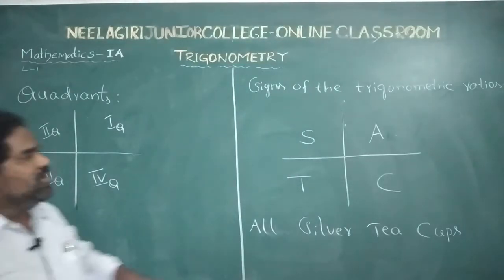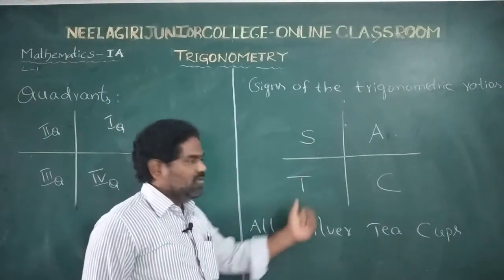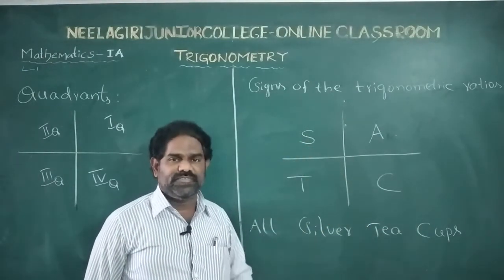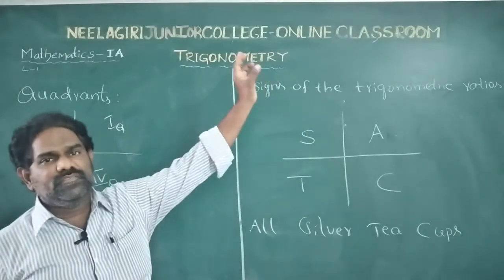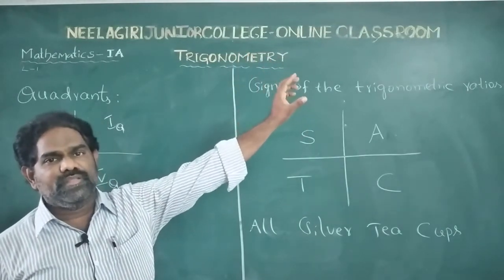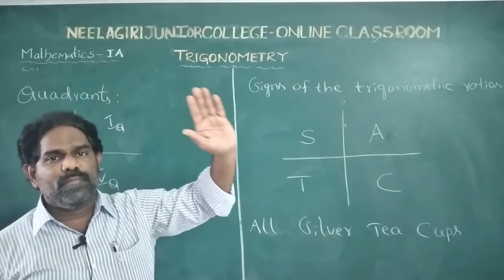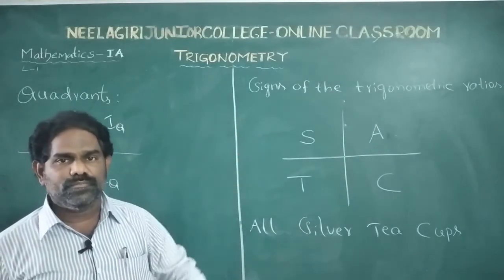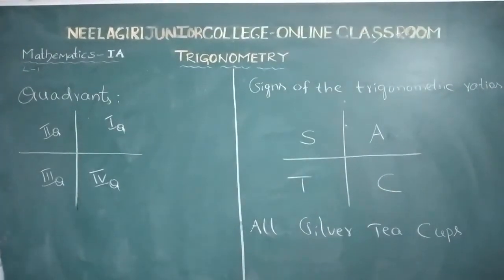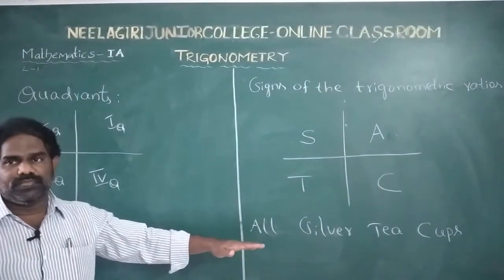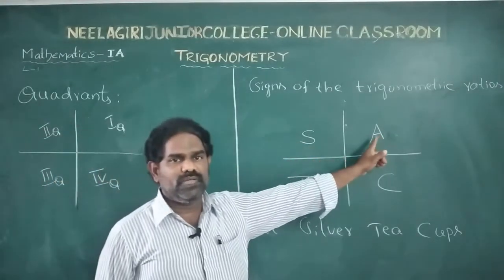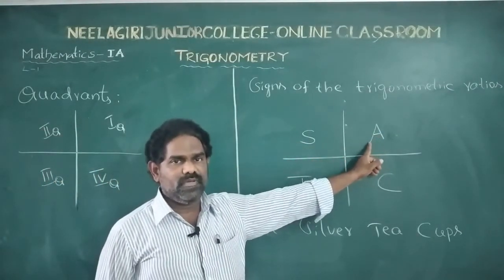A for All, S for Silver, T for Tea, C for Cups. All means in the first quadrant, all the trigonometric ratios are positive.